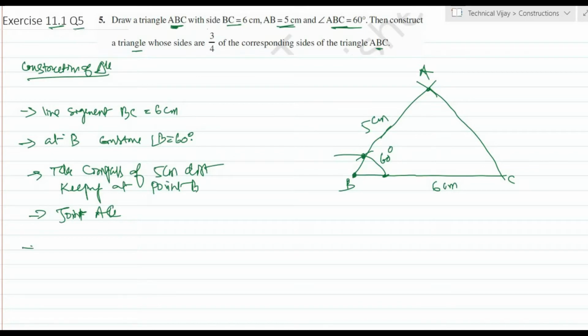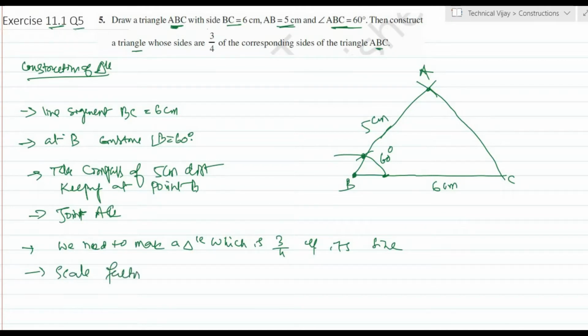So we need to make a triangle which is 3/4 of its size. So the scale factor will be equal to 3/4, which is less than 1.